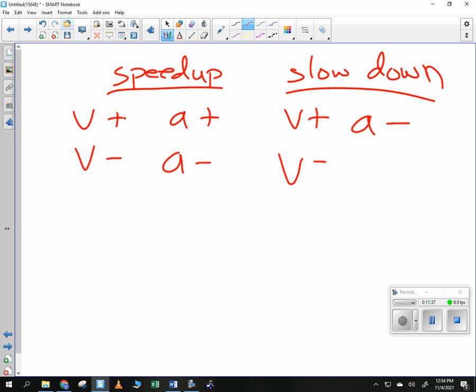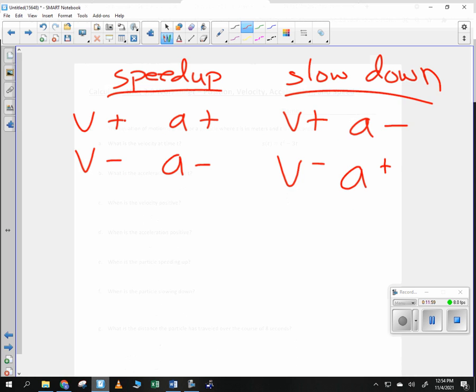The acceleration was positive. It was trying to bring me around, you know what I'm saying? So what do you notice about speeding up compared to slowing down? If they're the same signs, you're speeding up. If they're opposite signs, you're slowing down. You see that? Good.